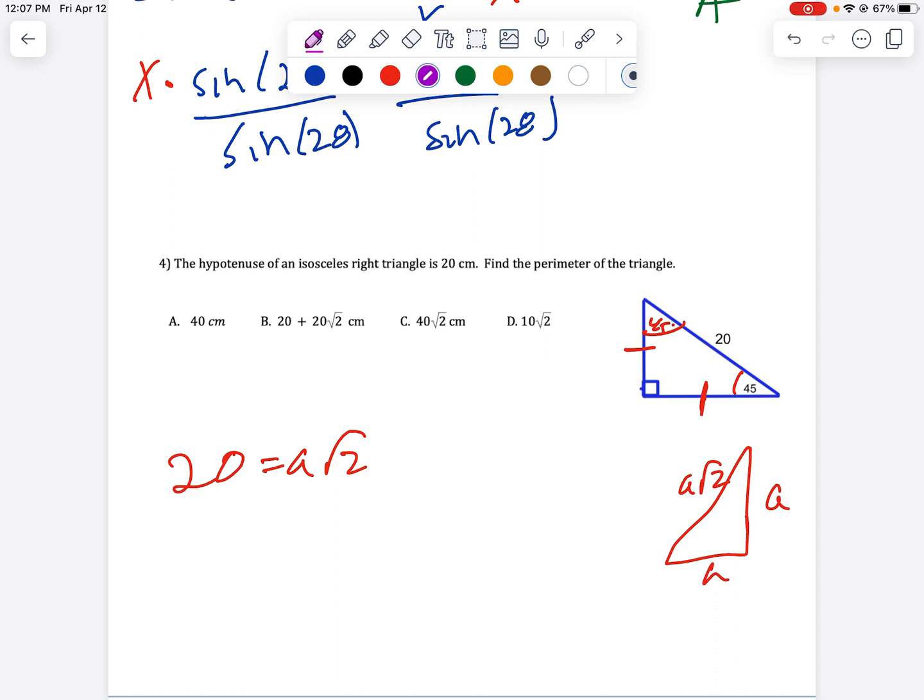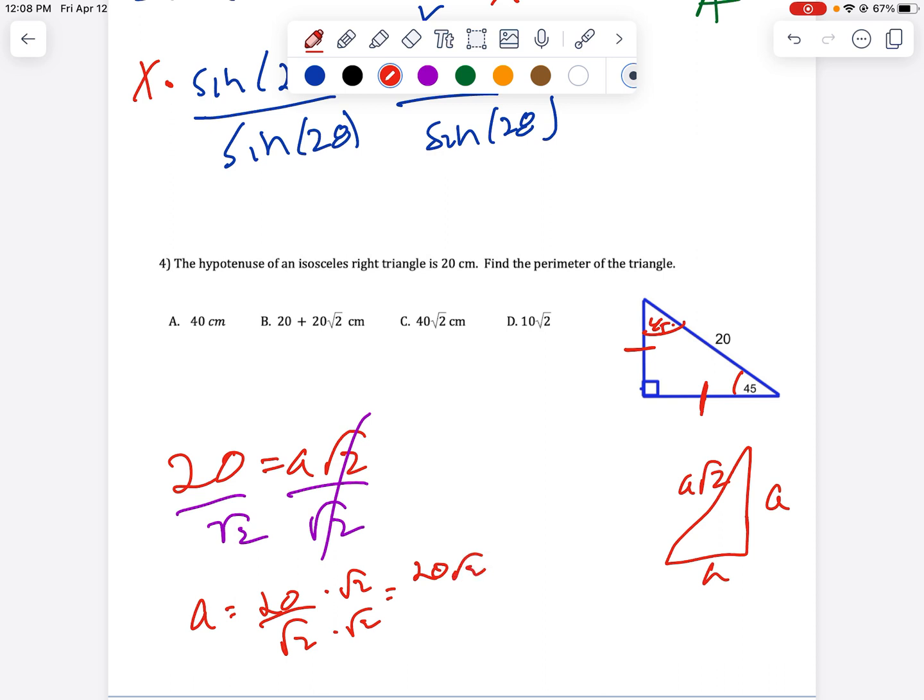I can do this two ways. You can square both sides, or I can divide by root 2. These cancel out. I get A equals 20 over root 2, which equals 20 root 2 over 2, which is 10 root 2.